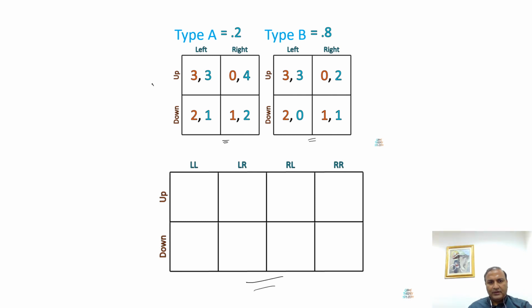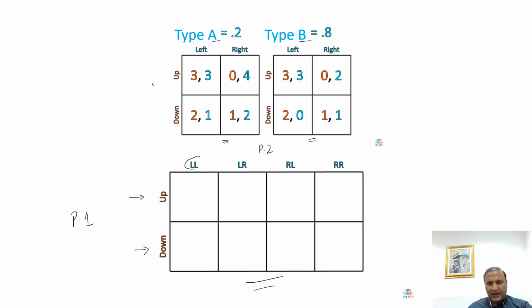If you look at player 1, he has only one type and only two strategies: he can choose up or down. But for player 2, we have to know what he is doing if he is type A and what he is doing if he is type B. So we have to write all the possibilities for player 2.